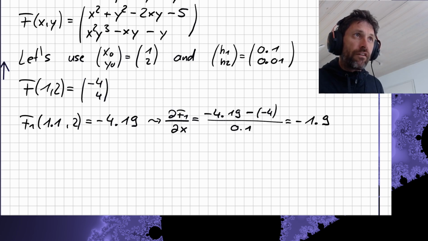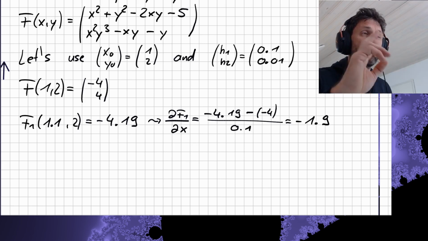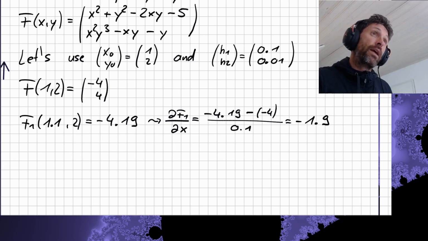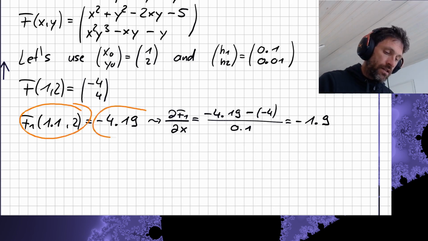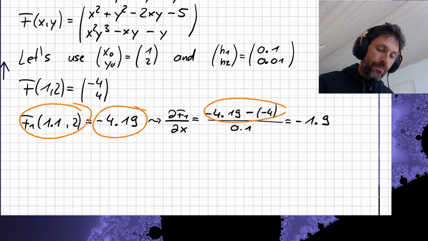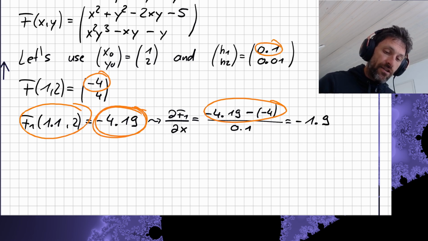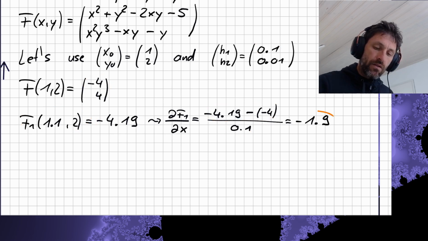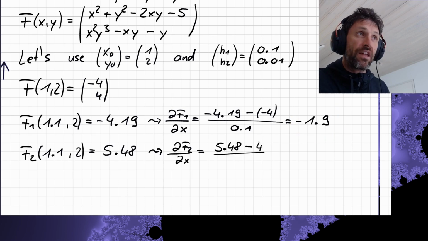Then we have to evaluate at 4 points, because in this case there are 2 variables, 2 equations, 2 times 2 entries in the Jacobian. So here it's that number, then we take the difference of that number and divide it by the h, and then we get minus 1.9, and so we do for the other function, for f2, the second coordinate.